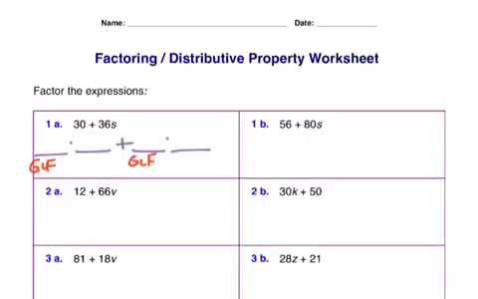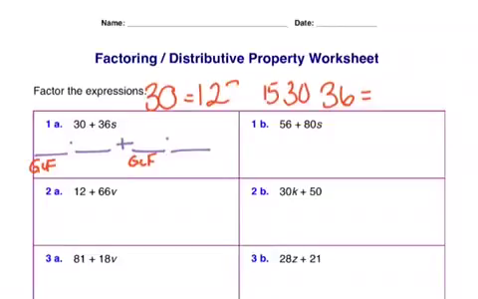Okay, so I'm going to look at the 30 and figure out the factors of 30, and I'm going to look at 36. Okay, so 30, I got 1, 30, 2, 15, we have 3, 10, and 5 and 6.